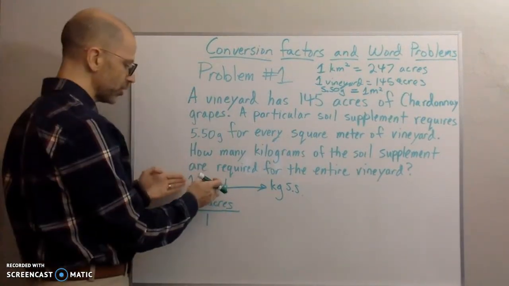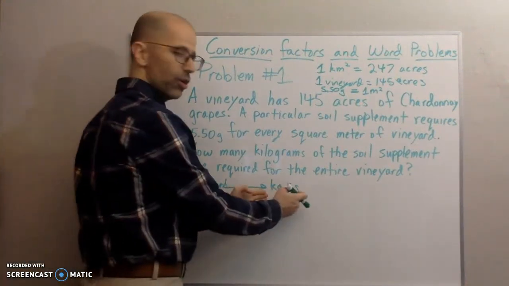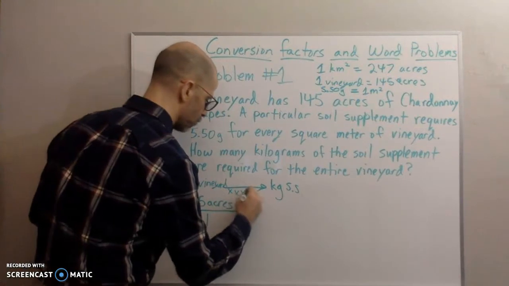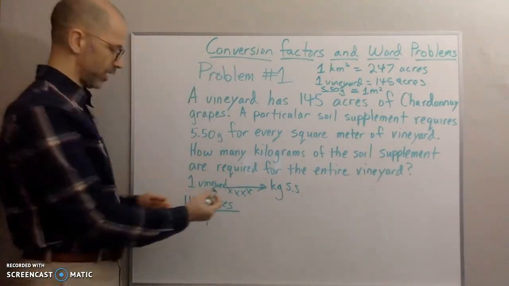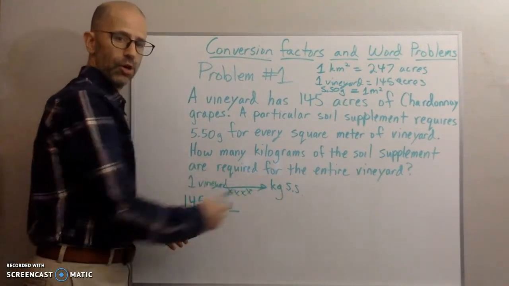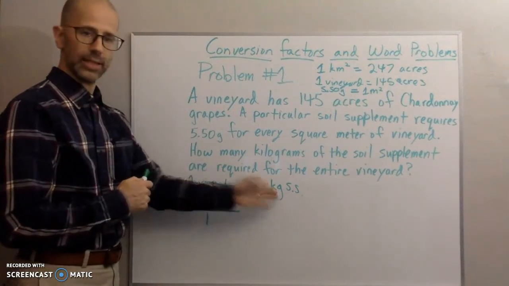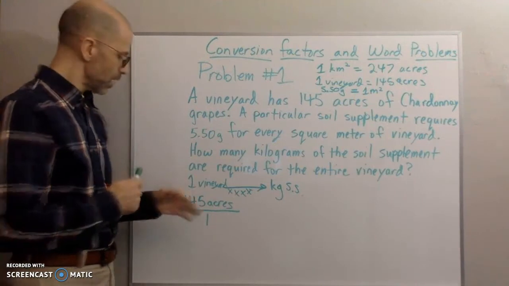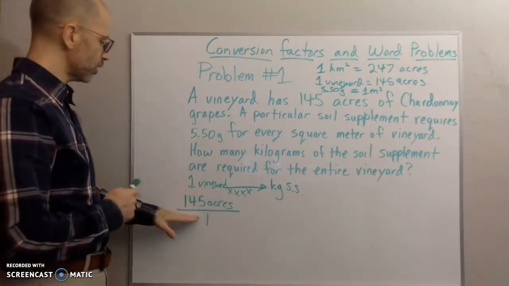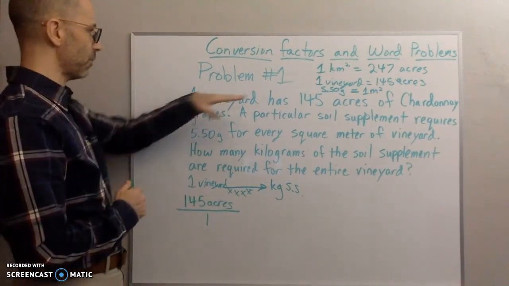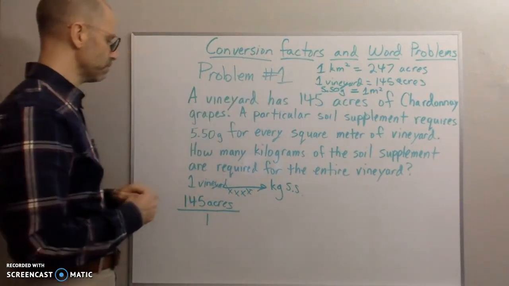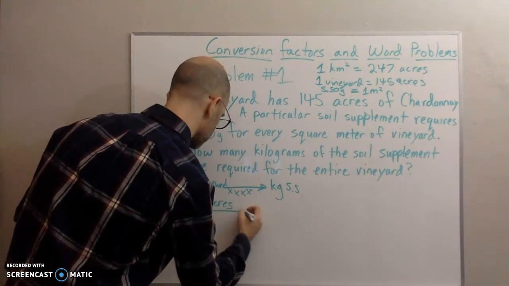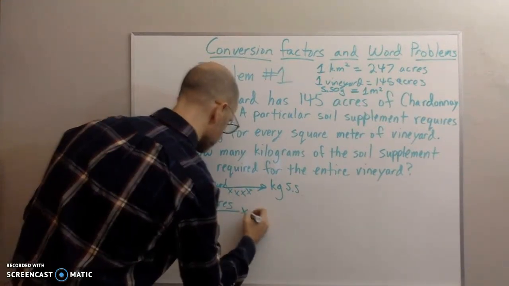In between your starting and your ending, all of this is where you are writing your conversion factors and converting until you get to kilograms of the soil supplement. I start at 145 acres because that's how many acres I have in one vineyard. And now I'm going to start my conversions.